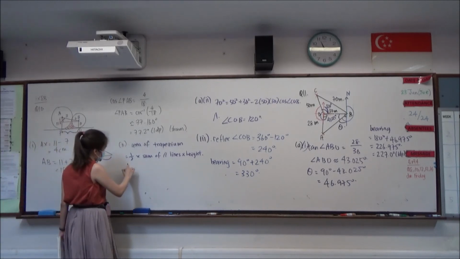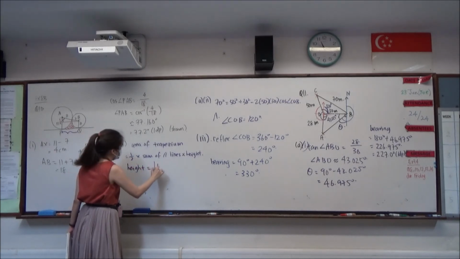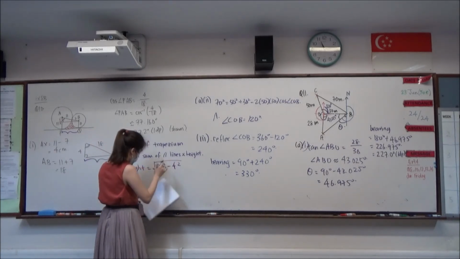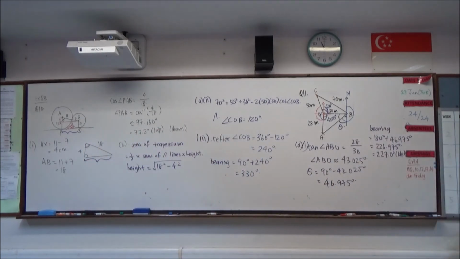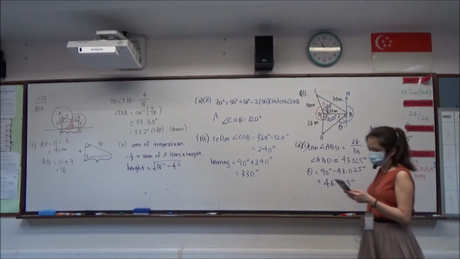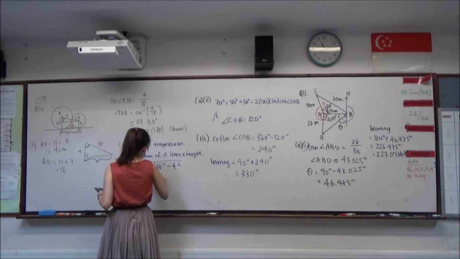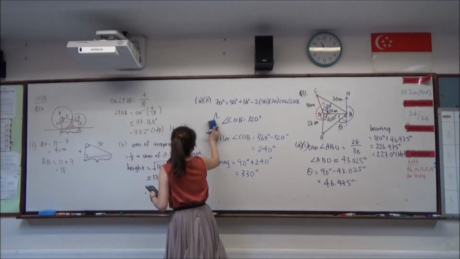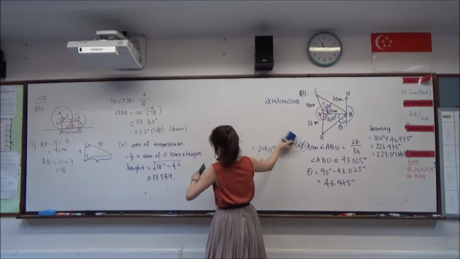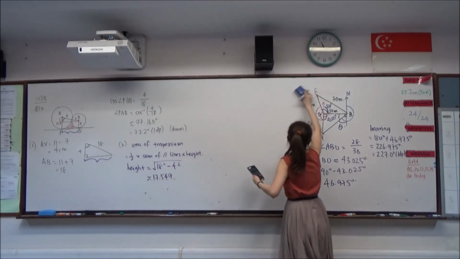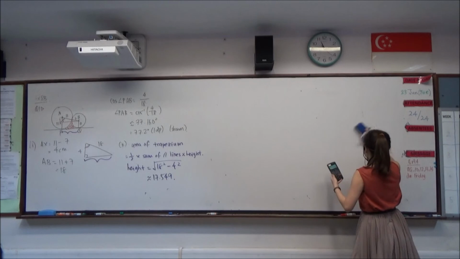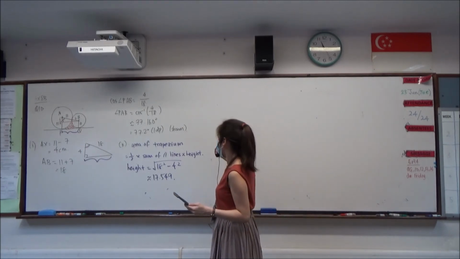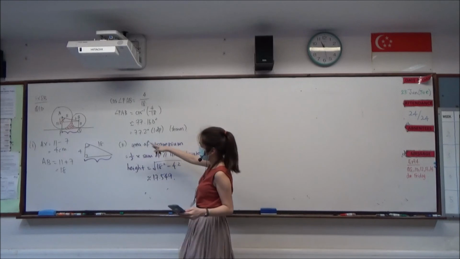So the height would be square root of 18 squared minus 4 squared, and that would give us 17.549 something. So the sum of the parallel lines will be 11 plus 7.